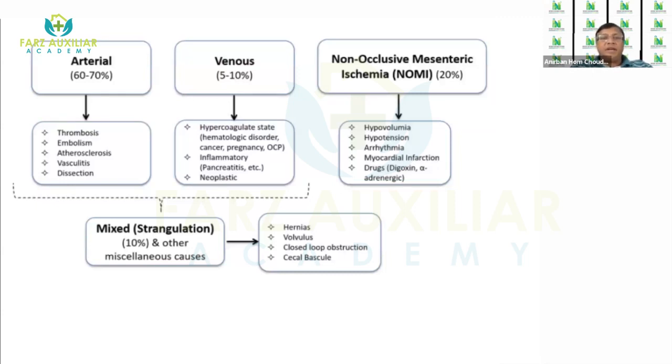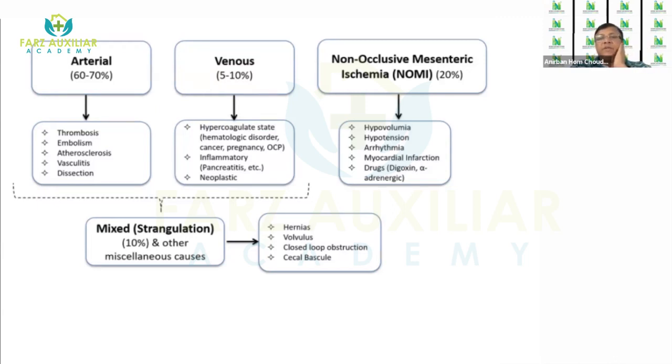Venous is much rarer, only 5 to 10%, because of a hypercoagulable state in hematological disorders, cancer, pregnancy, patients on OC pills for long duration, or following inflammatory conditions like pancreatitis, or in malignant or neoplastic conditions. Even without a hypercoagulable state, there can be venous thrombosis, and there can be ischemia.